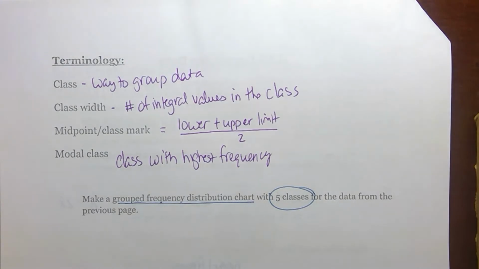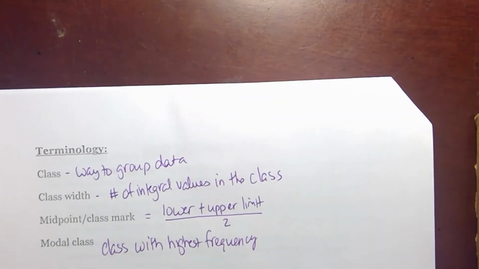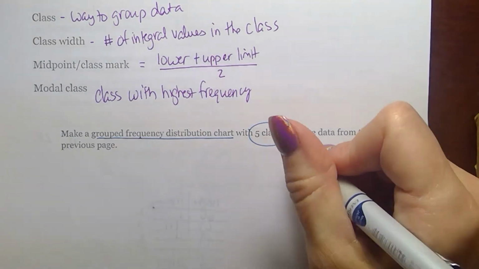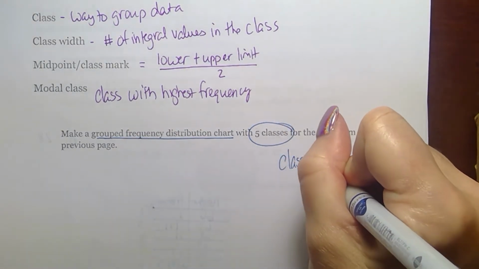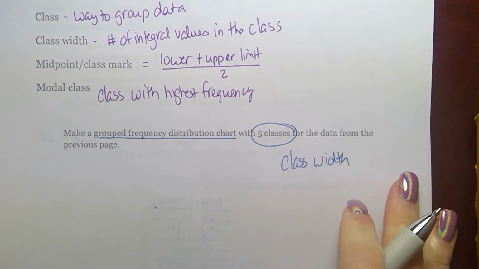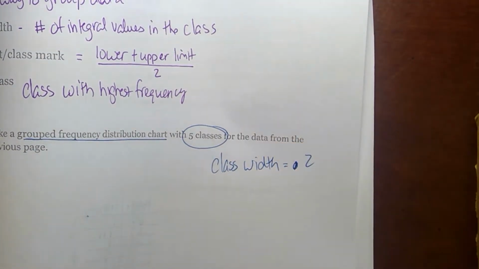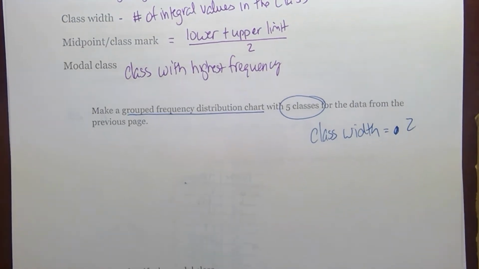Now, when we divide data into classes, each class needs to have the same width. If I look back at my heights, I see that I have 10 different heights. So I'm going to make my classes have a class width of 2. Class width is going to be equal to 2.